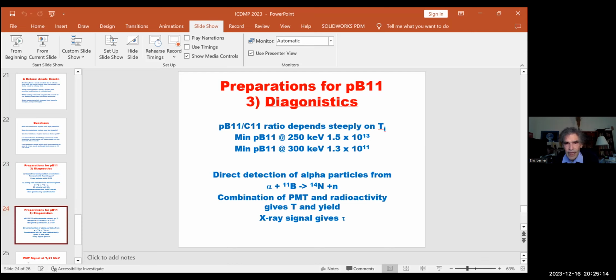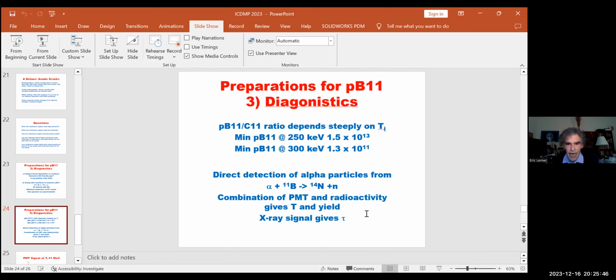Now, if we use the carbon-11 ratio to determine how many PB11 reactions we've got, that depends steeply on the temperature we achieve. So at 250 keV, we could detect 1.5 times 10 to the 13 reactions. But at 300 keV, we can detect 100 times fewer reactions. That will be the minimum detection.